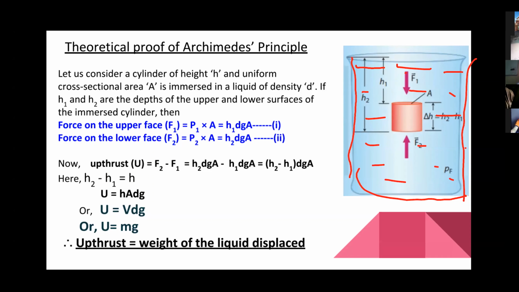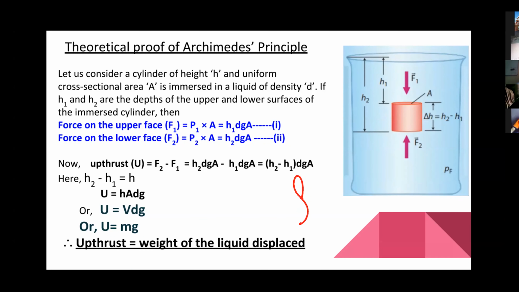Let's take a beaker filled with liquid, and the density of that liquid is D. Or we have another symbol called rho, which is the symbol for density of liquid.